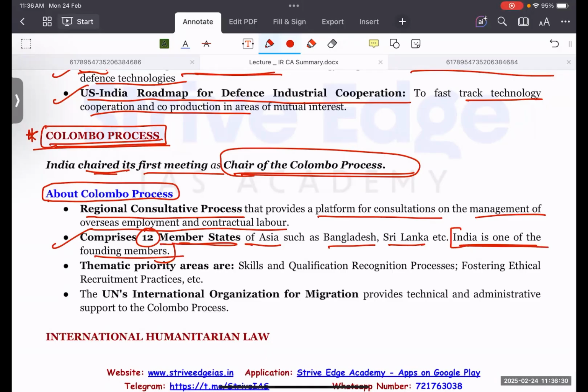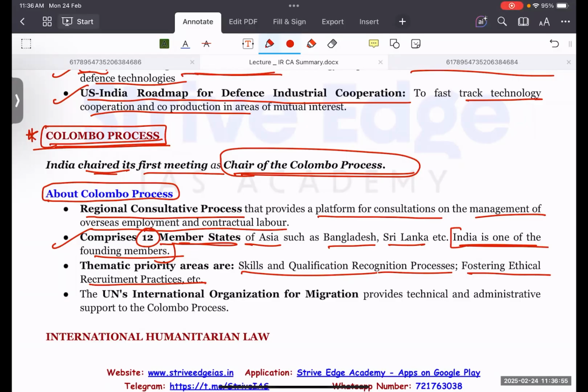And some themes that are given priority are skills and qualification recognition processes, and fostering ethical recruitment practices. So this mechanism will look into whether skills and qualifications are being recognized in facilitating these jobs, or whether ethical recruitment practices are followed or not. These themes are covered under this process.